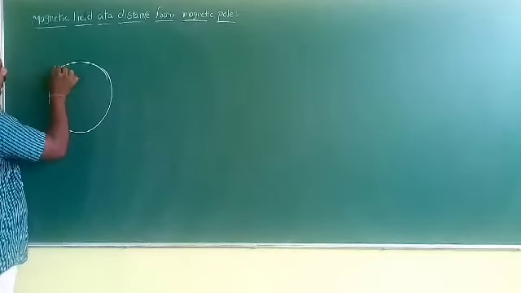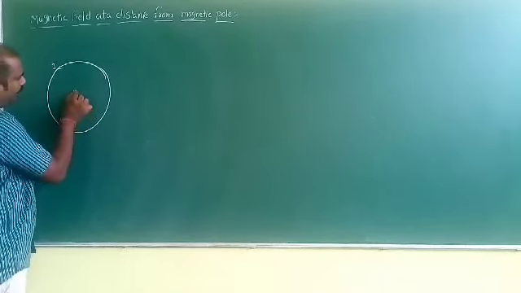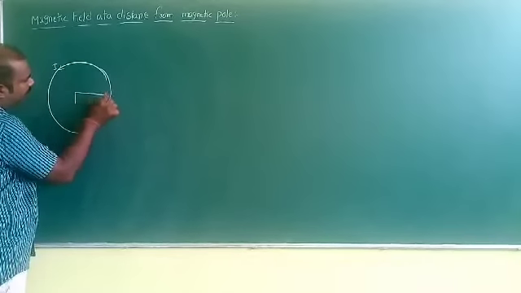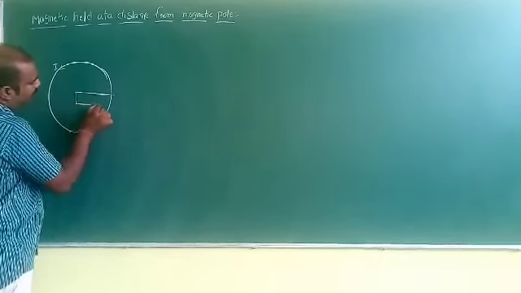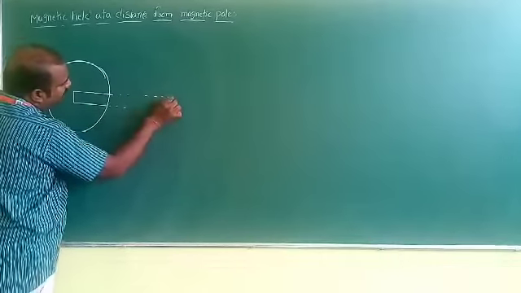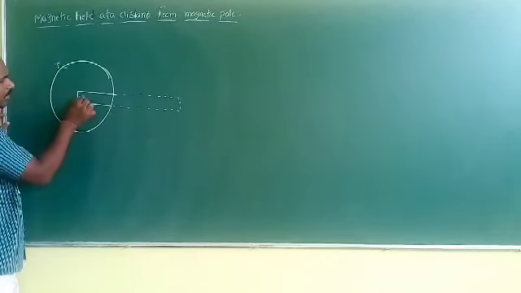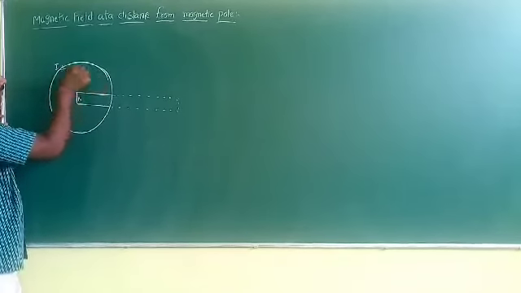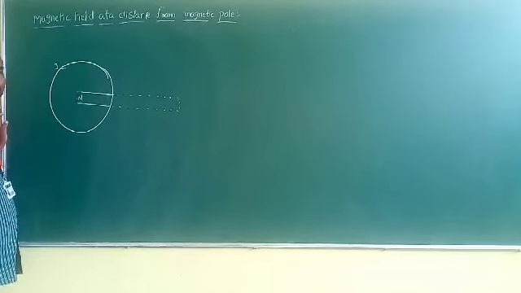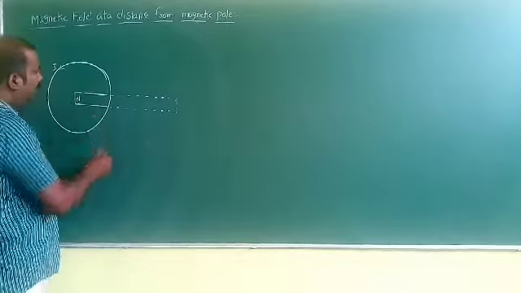In this one, current I is passing, and its radius is small r. Now here I am keeping one bar magnet of infinite length, that means its length is very large. Now the center of the north pole and the center of this circular coil are both coinciding.